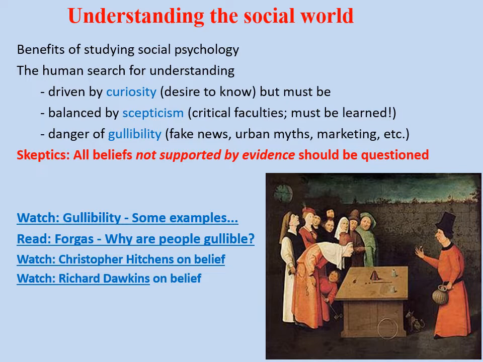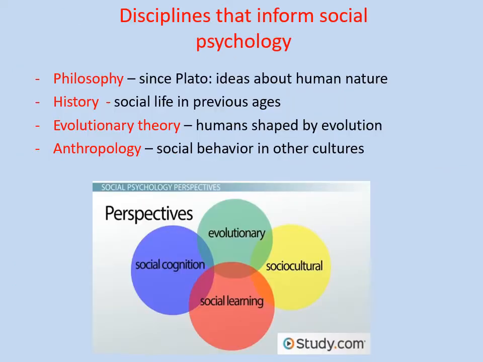Of course, understanding human nature and understanding human social behavior has been of interest for many hundreds of years. There are several disciplines which inform social psychology and which are still relevant to us today. For example, philosophy, including the works of Plato and Aristotle, have much to say about the human condition.